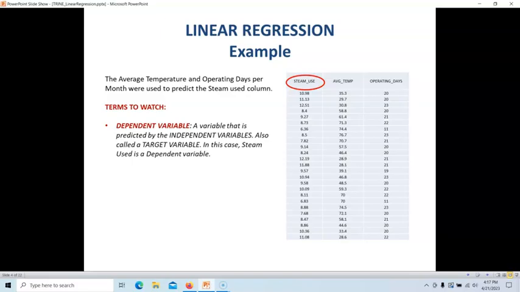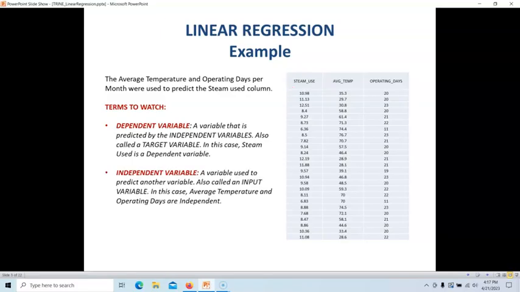So that's what we want to predict. And our independent variables, these are the variables that we're going to input into the model, that would be the average temperature and the operating days in the month. So this is what we're going to try to use to predict steam usage.